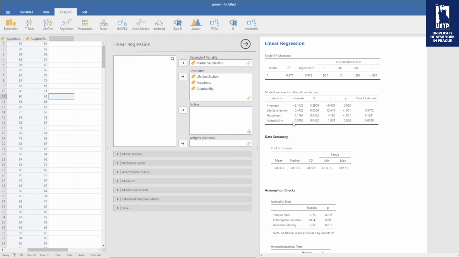So we can exclude adaptability and we should check which one is the strongest predictor, life satisfaction or happiness. We check the standardized estimates over here, also called beta values. I would always encourage you to call them beta values, but they end up being standardized estimates. So in our case, since we have positive numbers, we can see that life satisfaction is a stronger predictor, at 0.57 versus 0.19 of happiness.